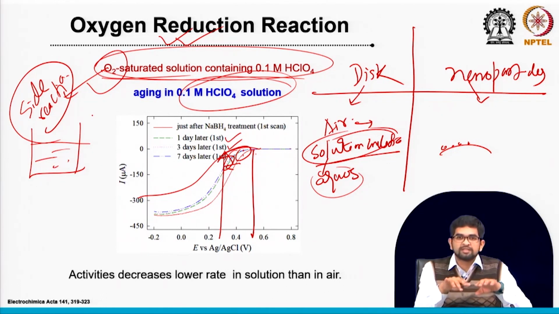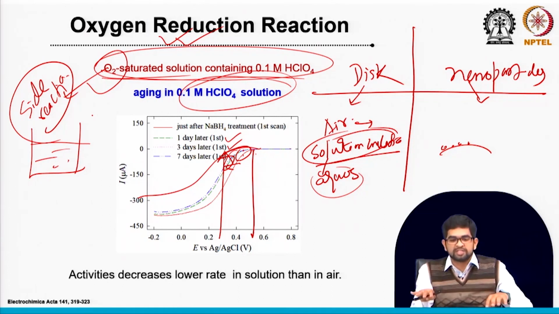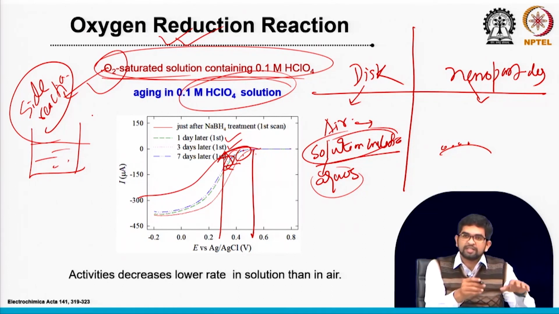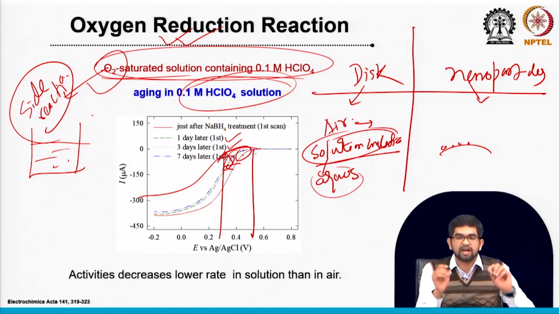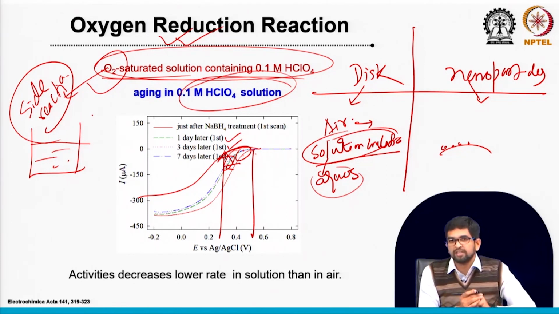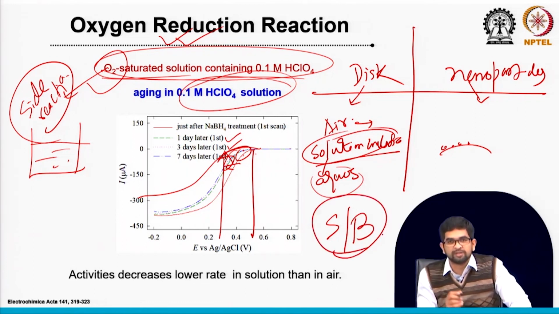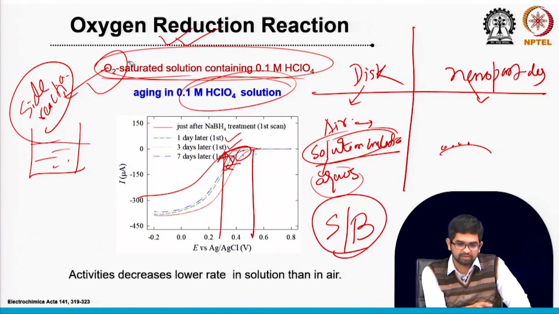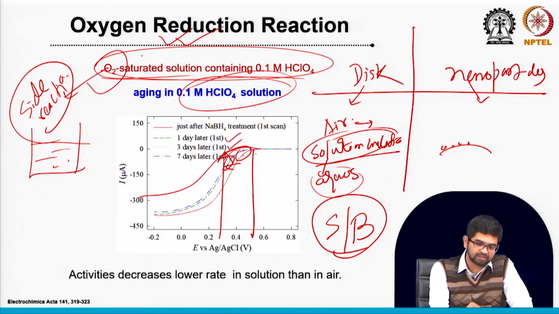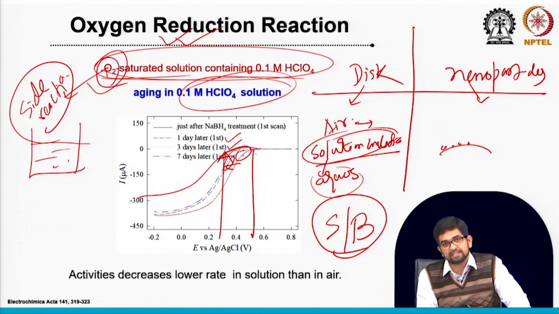If you can understand the electrode to electrode change: as I told you, the platinum electrode is highly active for oxygen reduction. So you have to keep in mind, if you want to use platinum, you have to think about oxygen reduction. Otherwise, you may get a higher background current. And remember, the signal to background ratio is very important for your ultrasensitive biosensor. If you want to use the platinum electrode, you have to be very cautious about oxygen reduction reactions.